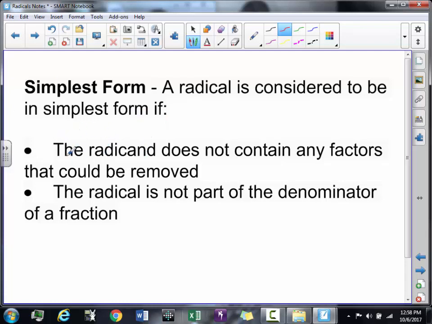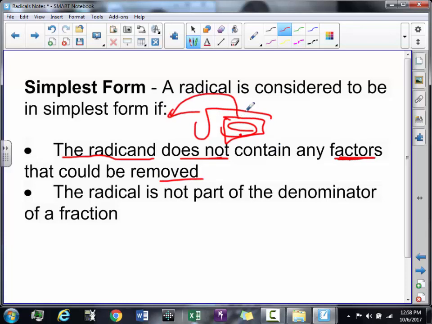Here's what makes something be in simplest form. The radicand is like what's under the square root sign, right? It does not contain any factors that could be removed. If there's still something underneath here that you can pull out front, you should do that. Okay? That's what makes it considered simplified. There's one more thing that makes it simplified.